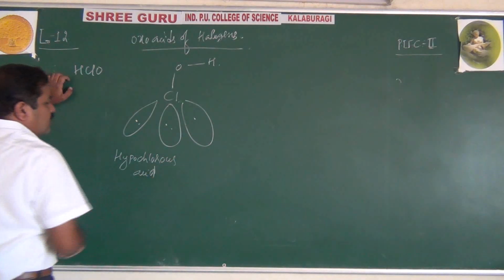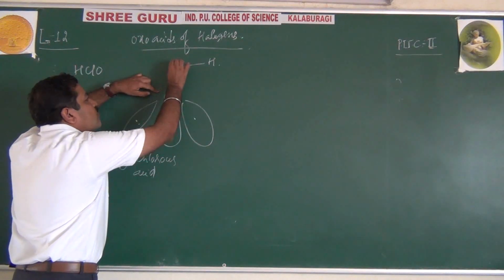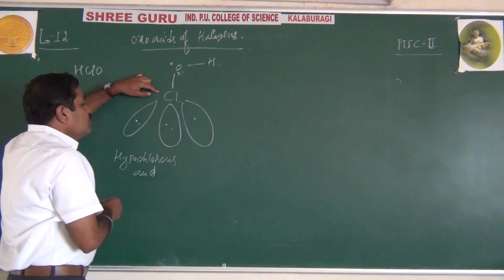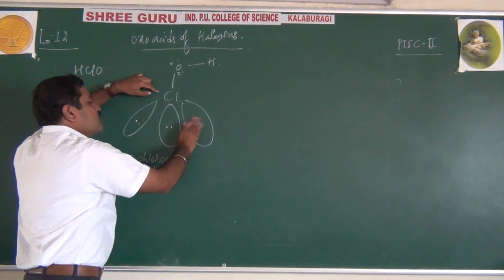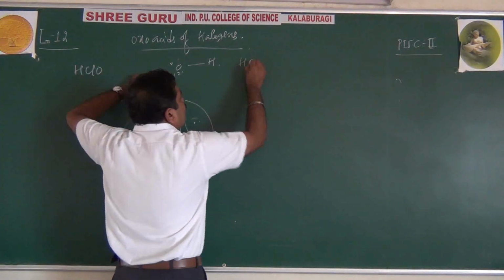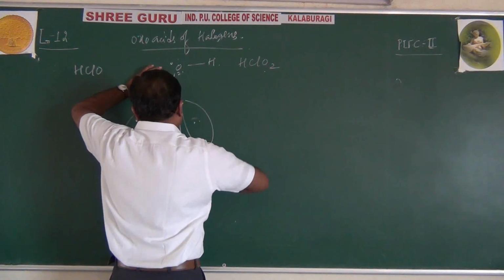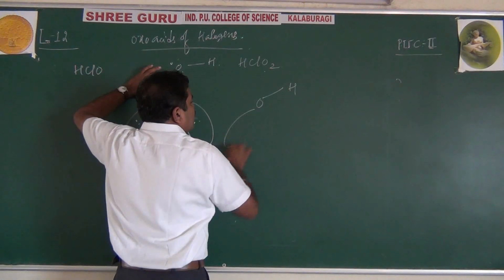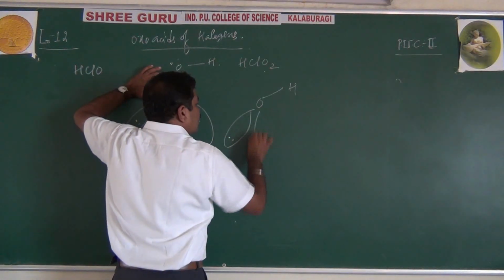Out of 7 valence electrons, it will share 1 electron, forming a bond. Got it? 2, 4, 6. But 6 remaining as lone pairs. Now as the number of oxygen atoms increases, lone pairs decrease.